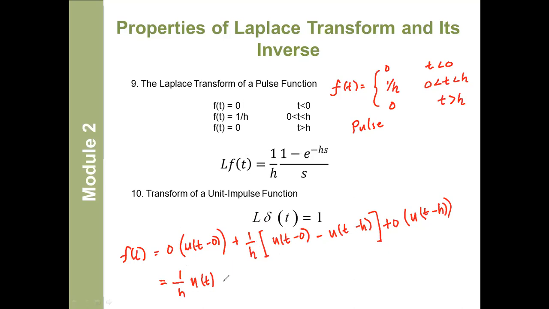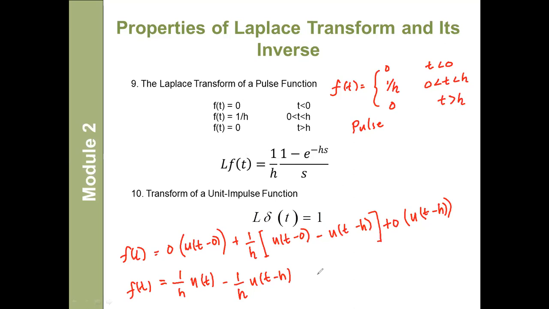So I will have here minus 1 over h, u of t minus h. Now, let's say this is your function already. This is your function of t coming from this.